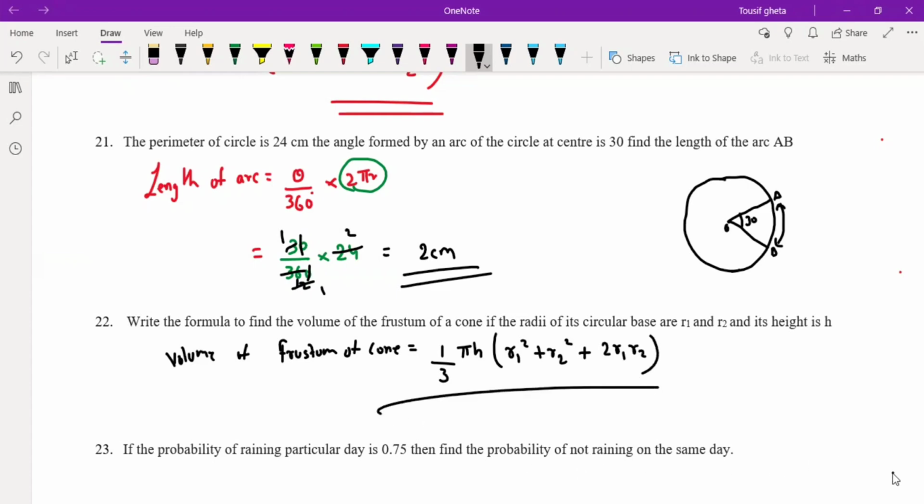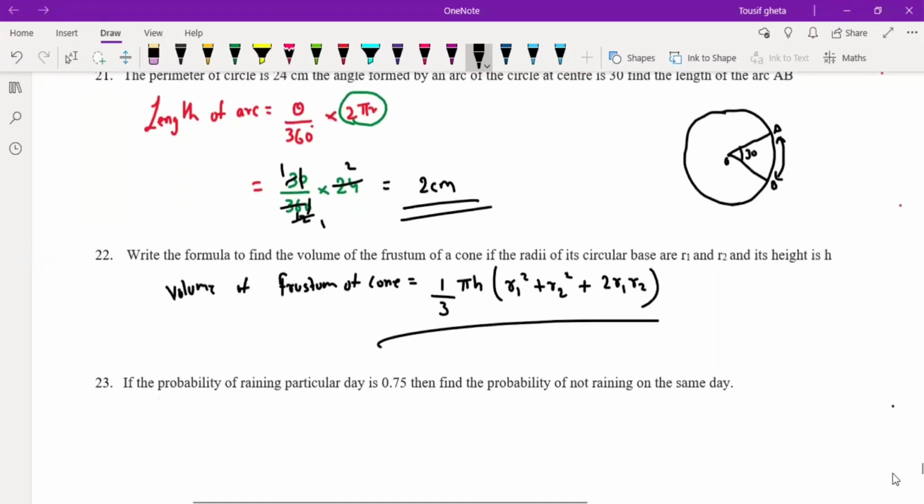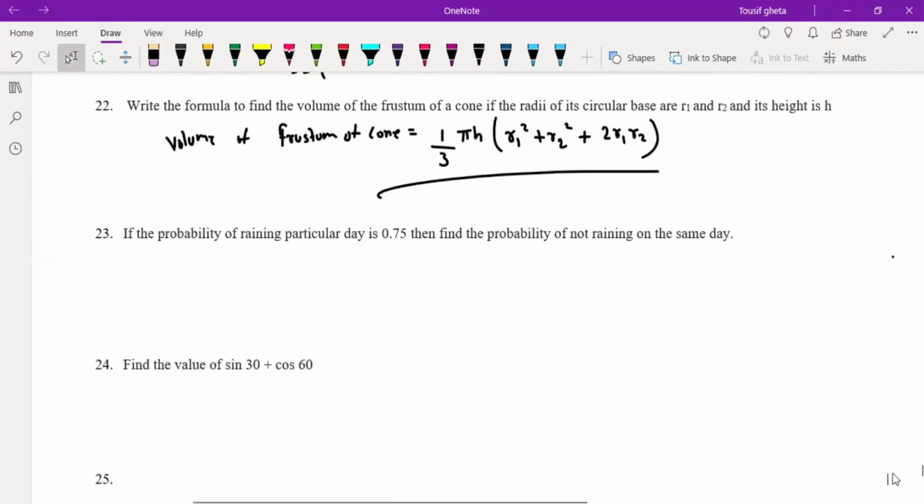Okay. The next is from the probability chapter. They gave the probability of raining on a particular day as 0.75. Then find the probability of non-raining. There is one relation to find out this value. So what is the relation? Let's see. That is P of E plus P of not E, not meaning not raining, is equal to 1.